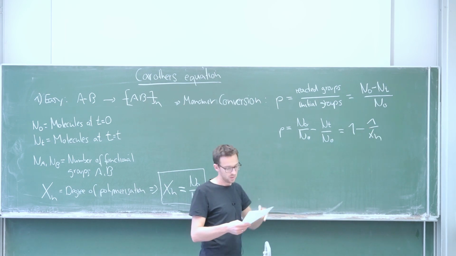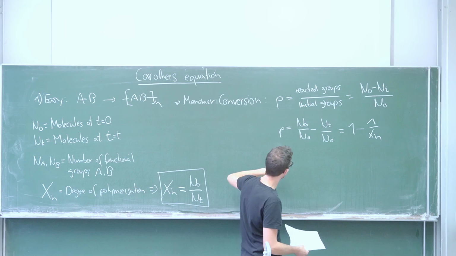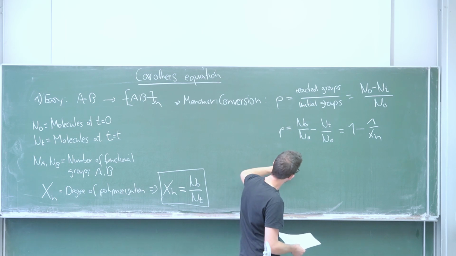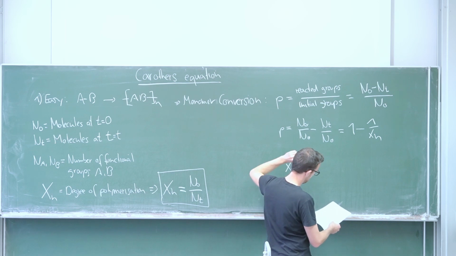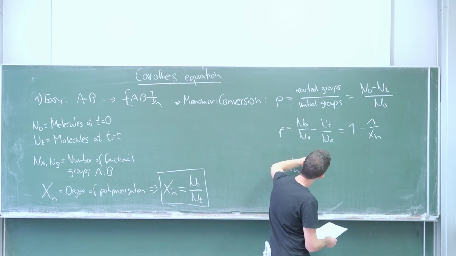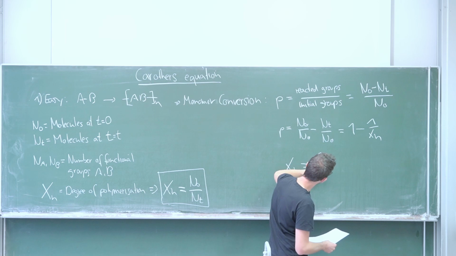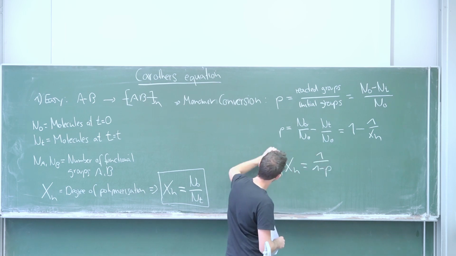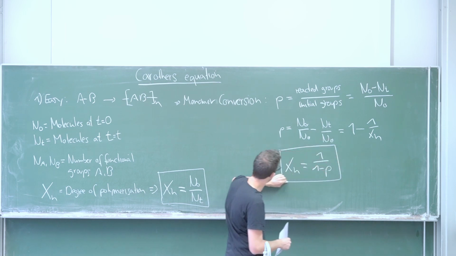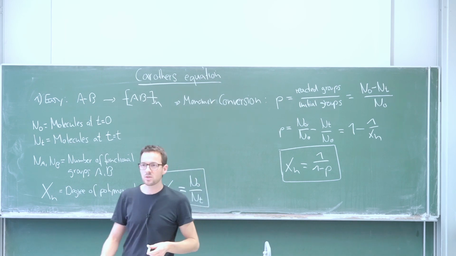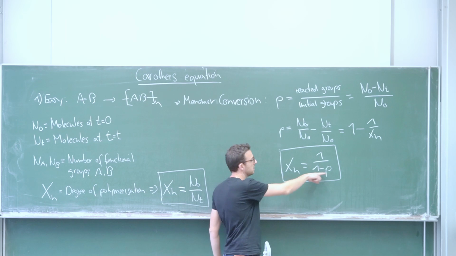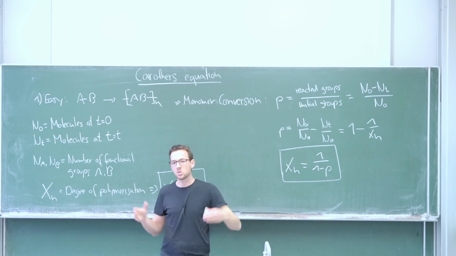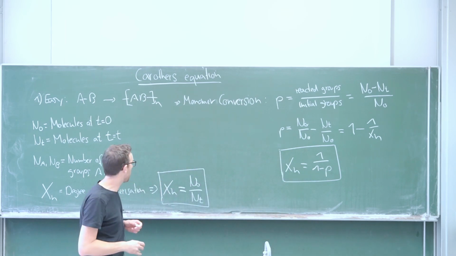And now you need to invert the entire thing, and then what you find is that Xn equals 1 over 1 minus p. So now we have found a very simple functional relation that connects the conversion p with the expected chain length that we have in our polymer.